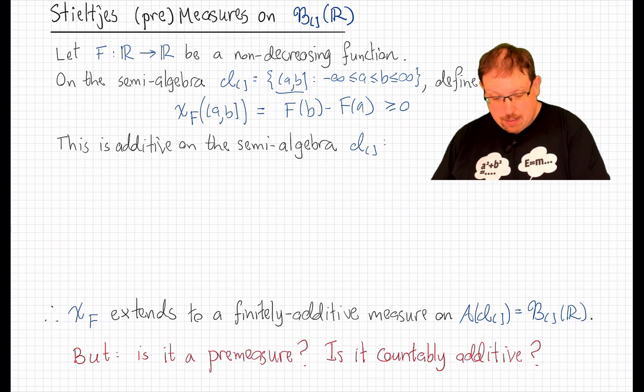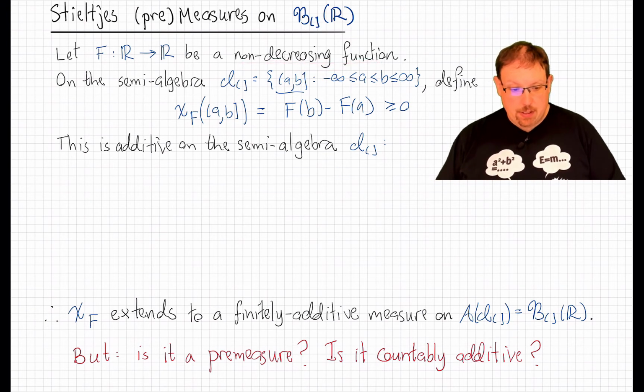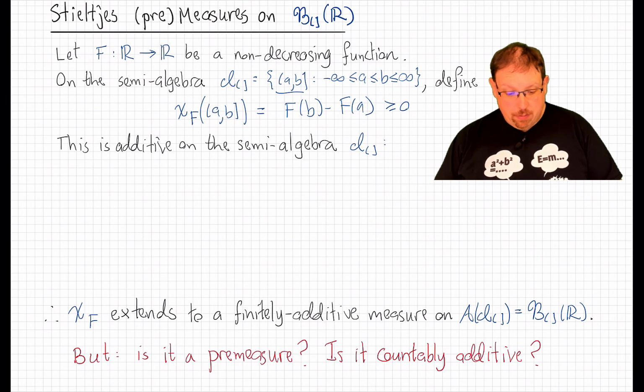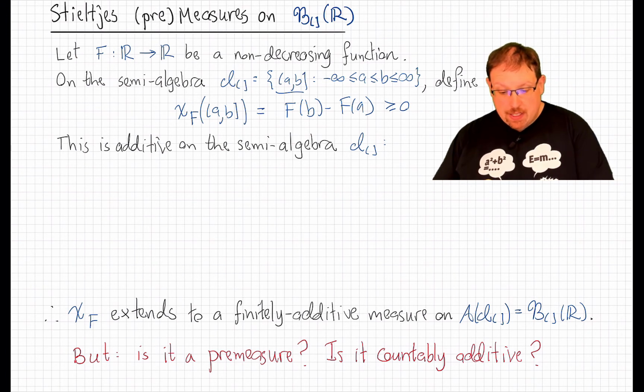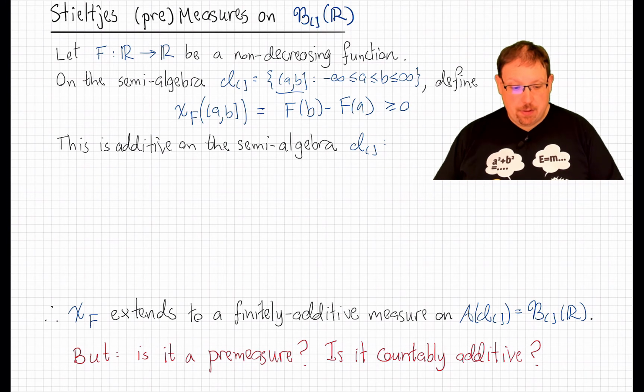That's because f is a non-decreasing function. In order to show that this induces a finitely additive measure on the Borel field, we just need to show by the previous theorem that this function chi_f is additive on the semi-algebra of half-open intervals.